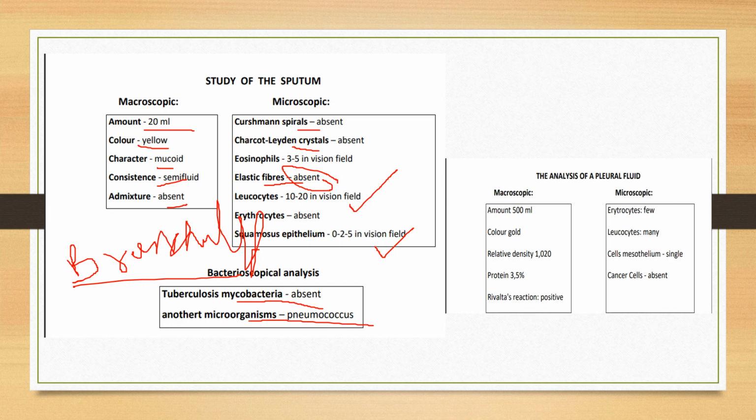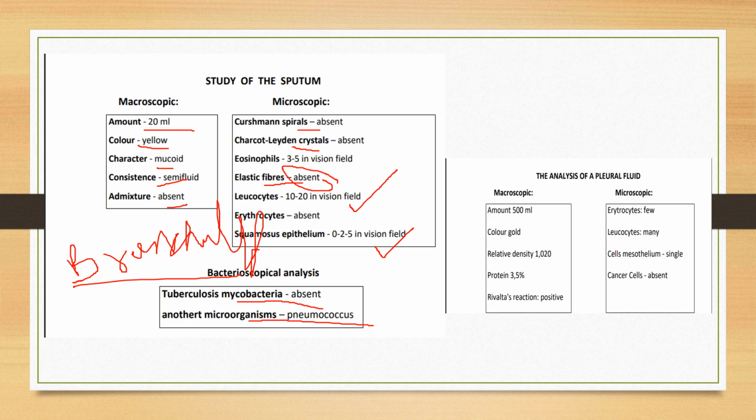So I want to tell you that on the examination there will be the same card, not same, the values may be different. Don't think that you will get the same card. Maybe chances you will get, but there will be a card like this. First of all, it will contain information about the study of the sputum, and then it will be about the pleural fluid. I told you pleural fluid analysis is very easy analysis, very easy.